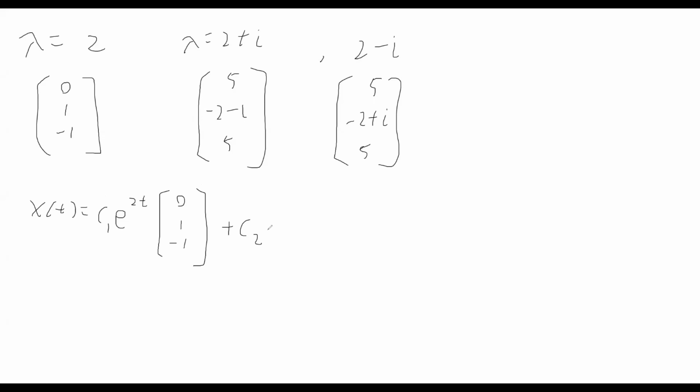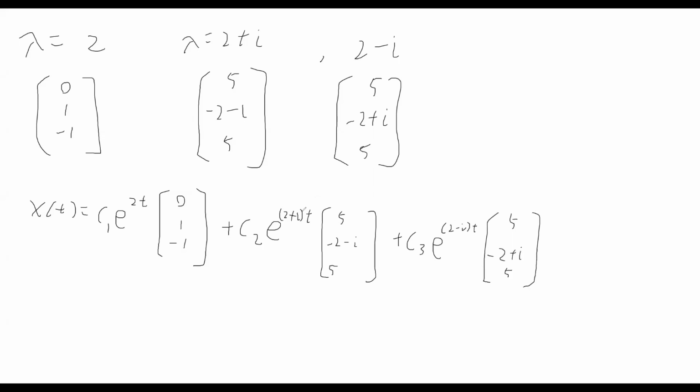So we have e to the 2 plus i t, and then 5, negative 2 minus i, 5, plus c3 e to the 2 minus i t, 5, negative 2 plus i, 5.